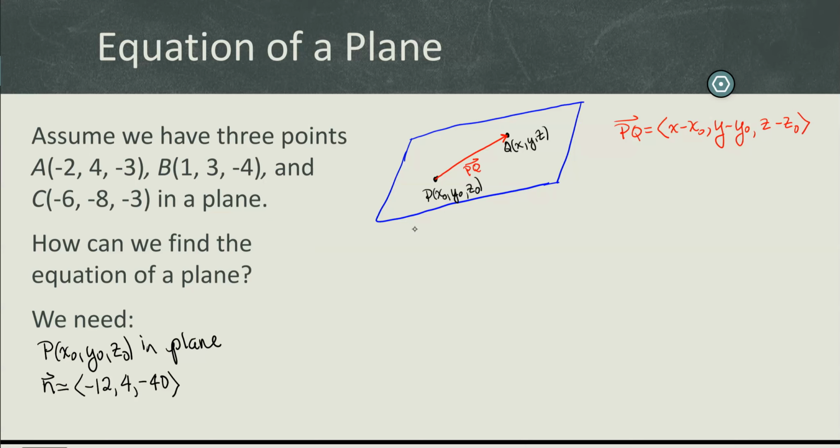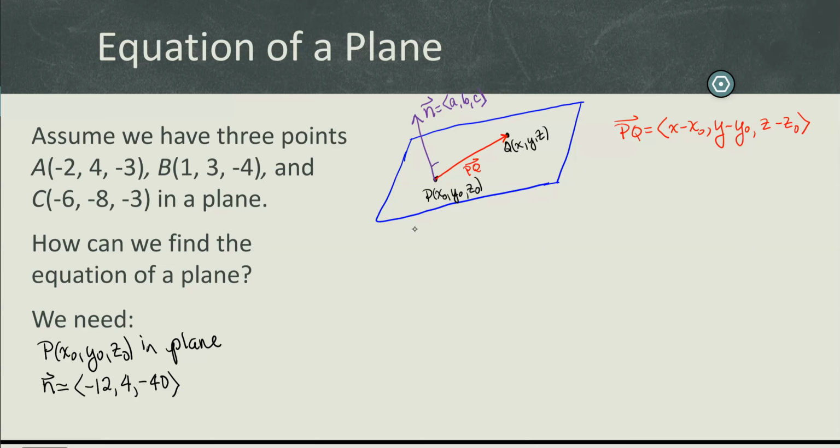Now we also have this normal vector, and we know that this normal vector is perpendicular, or forms a right angle, to the plane. So my normal vector could be represented like this. In this case, we can arbitrarily label the coordinates A, B, and C, where A is the x component of the normal vector, B is the y component, and C is the z component.